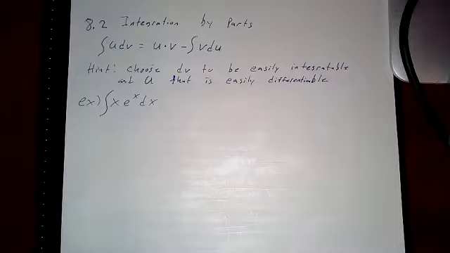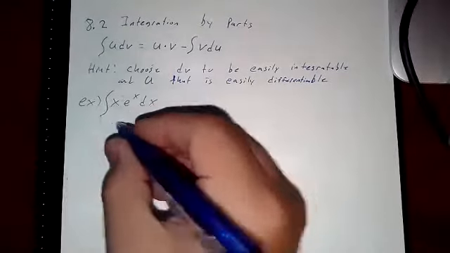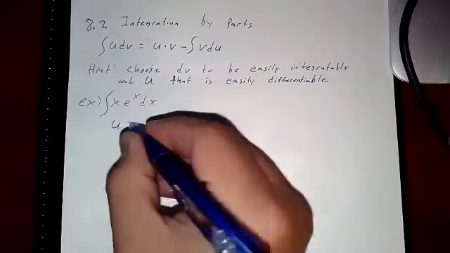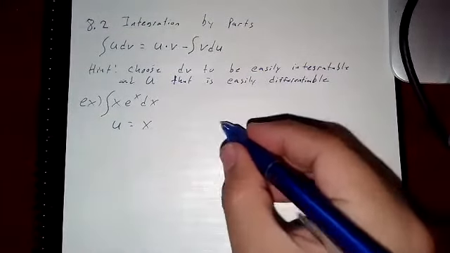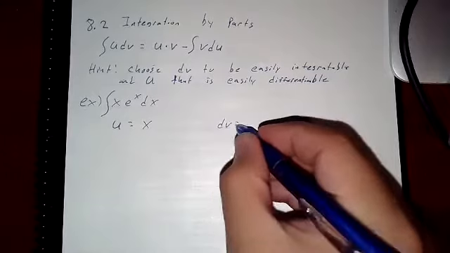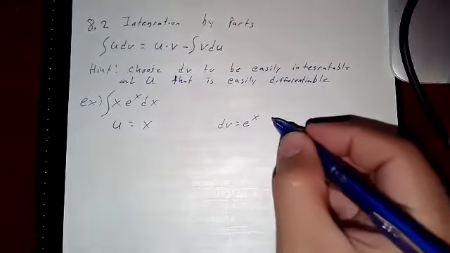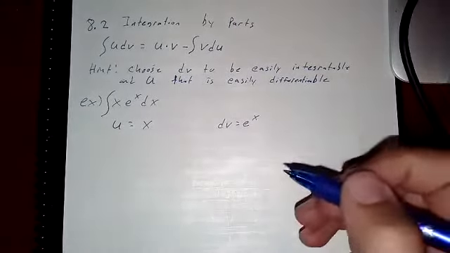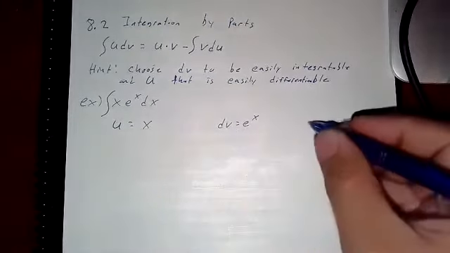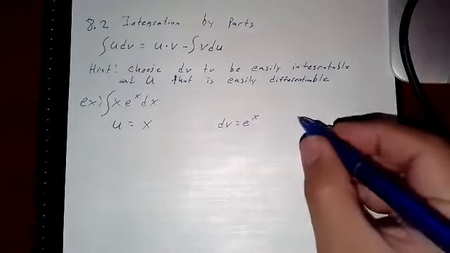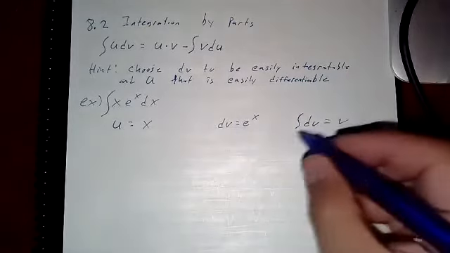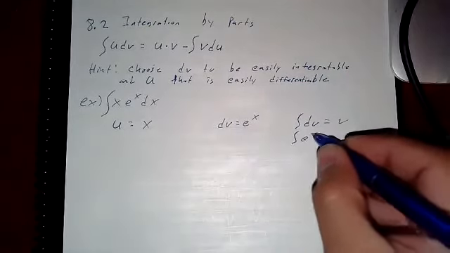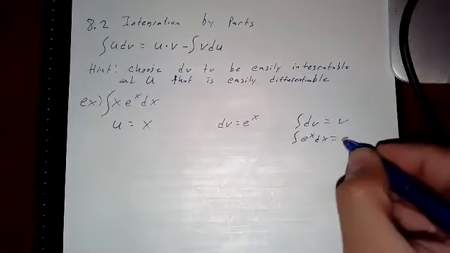So you're going to choose the u, and the other one has to be dv. Then, to find v, you need to integrate this. The integral of dv is equal to v. So the integral of e to the x dx would be e to the x.